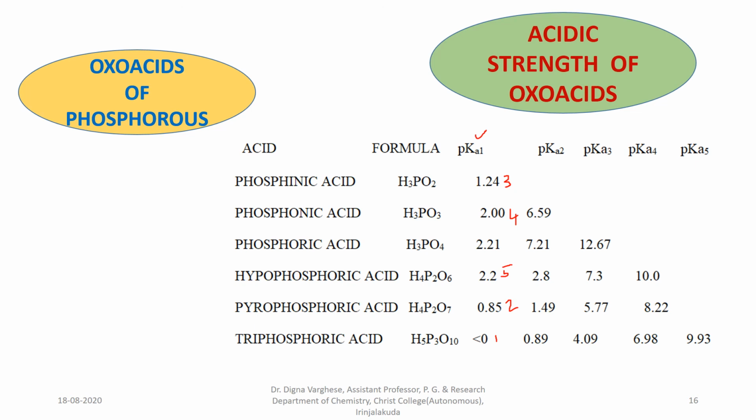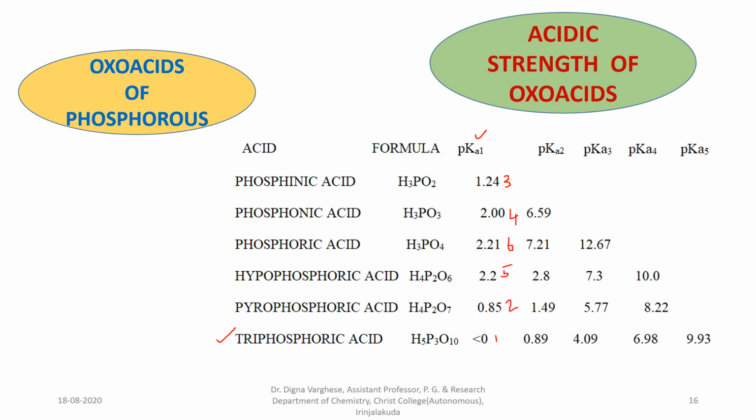Then 6th position is phosphoric acid. So phosphoric acid is the weakest acid among these oxoacids of phosphorus, and the most acidic one among these is triphosphoric acid.